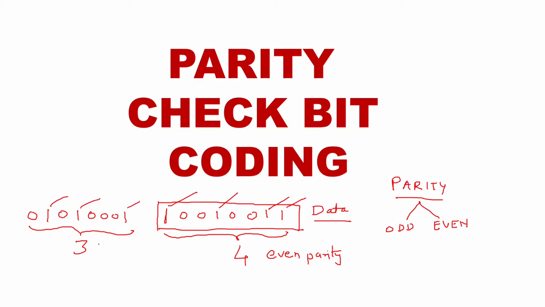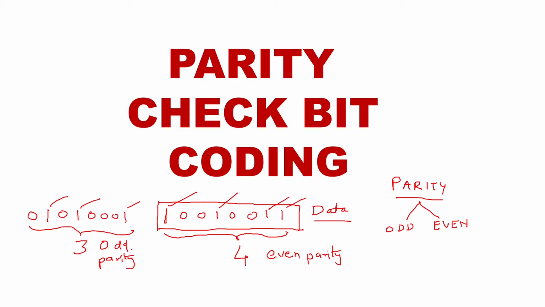That can be taken as odd parity. So here you understand the meaning of parity. A simple thing: it tells you whether the number of ones in a given data is even or odd. Depending on that, you can tell whether it is odd parity or even parity.